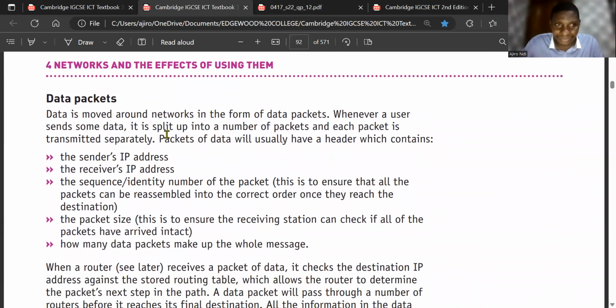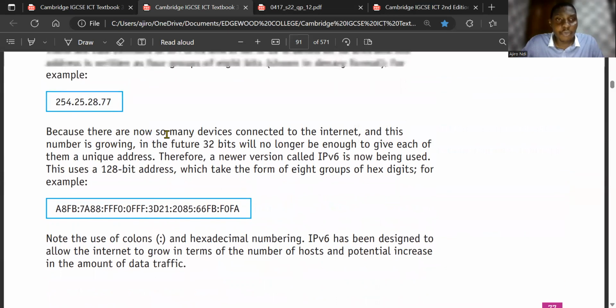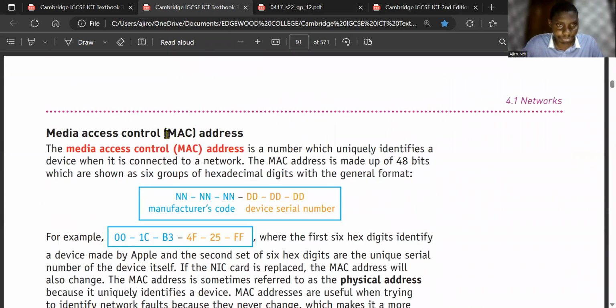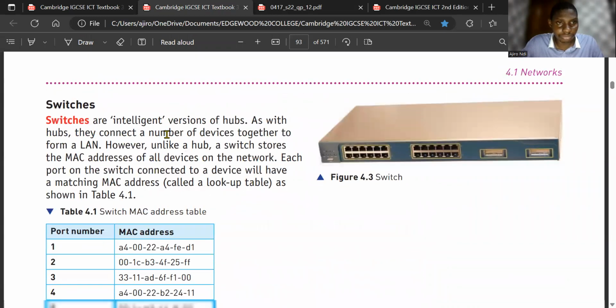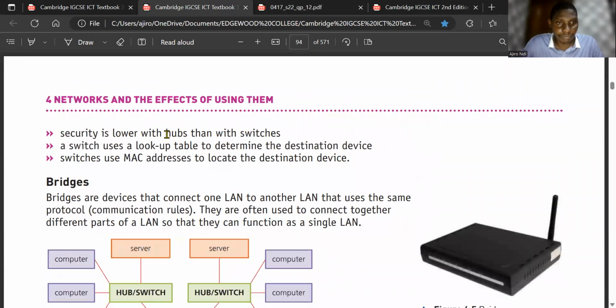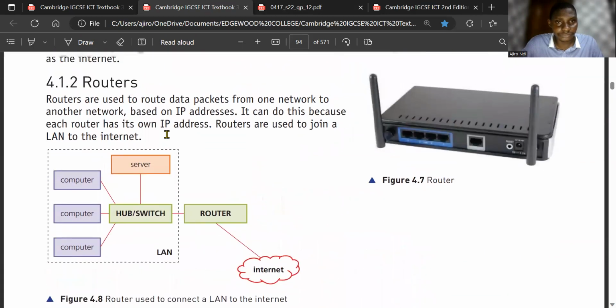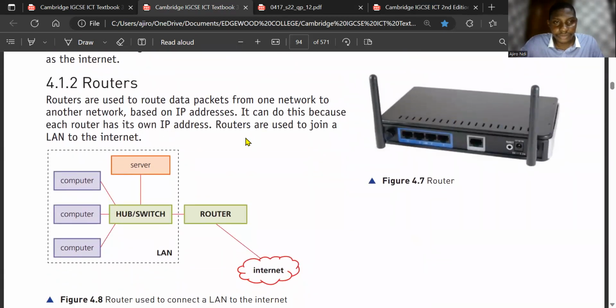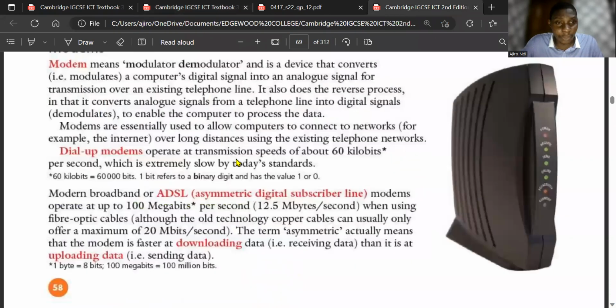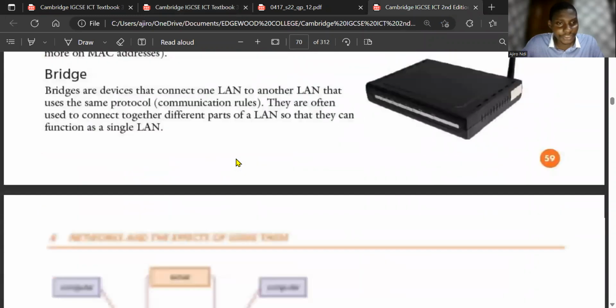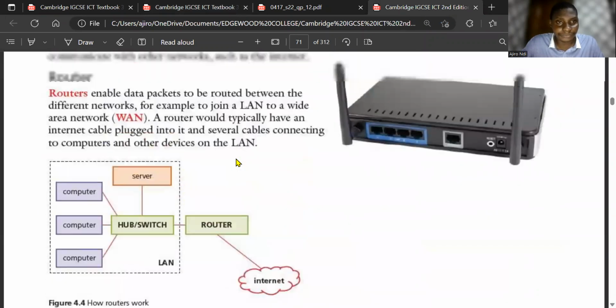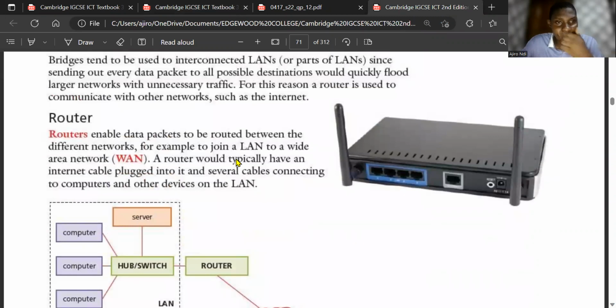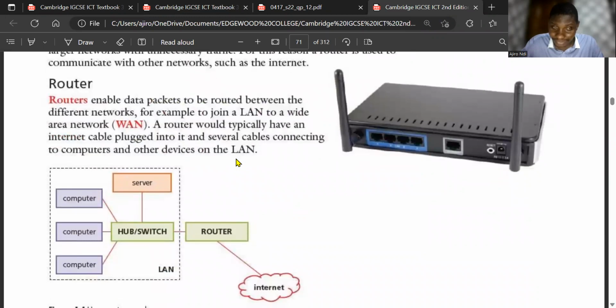Now, there is one network device that can do that, and I've explained that in this class. What can do that is, let me show you. Can you see this? Routers are used to join a LAN to the internet. But maybe in the second edition, they said it according to how they put it in the textbook. Let me check. Look at it over here. You see why there's a difference?